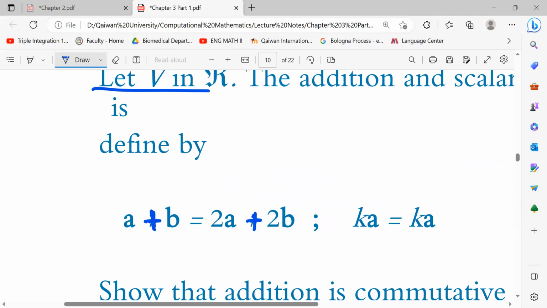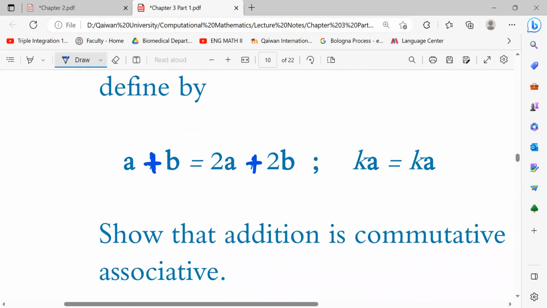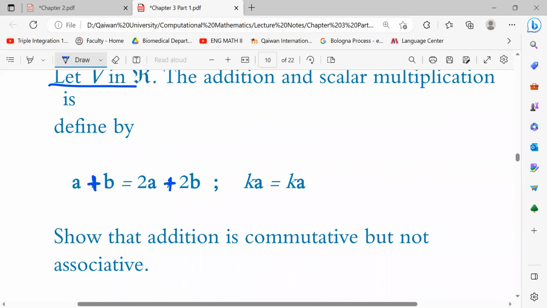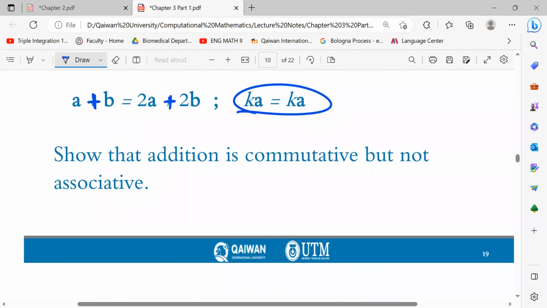That is, if you pick any two values, it's 2 times the first plus 2 times the second. And for scalar multiplication, if we multiply any vector by k, it's k times the vector, the normal multiplication. It says show that addition is commutative but not associative.